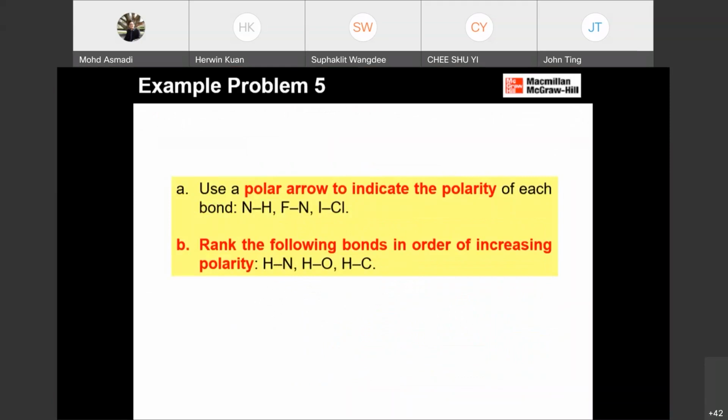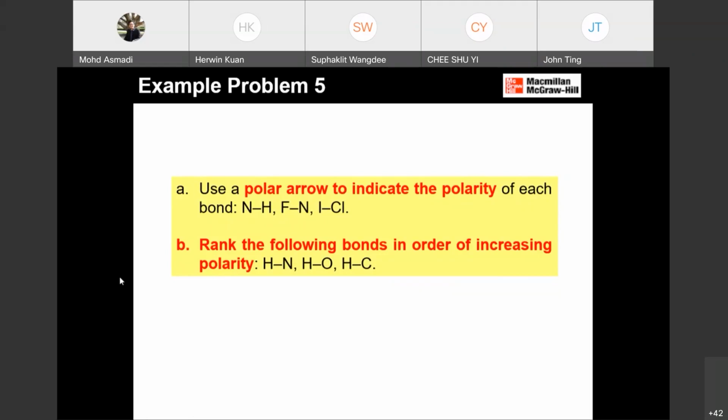For example, like this one, right? So you have to see the electronegativity. Please refer to the periodic table. Maybe you can search Google for periodic table electronegativity. Okay, see the electronegativity first, so you can know to which direction the arrow points. That indicates the polarity.